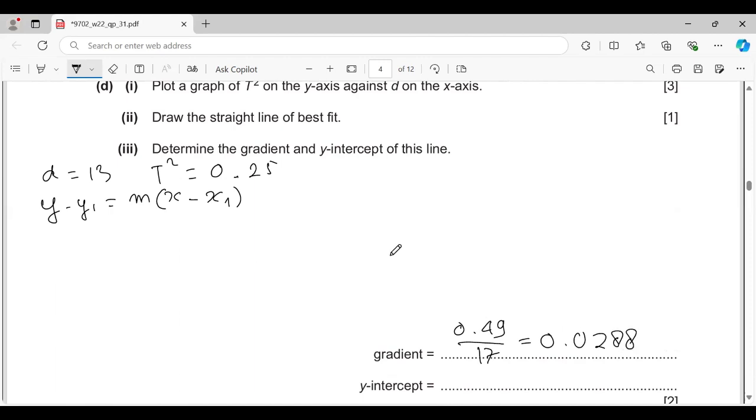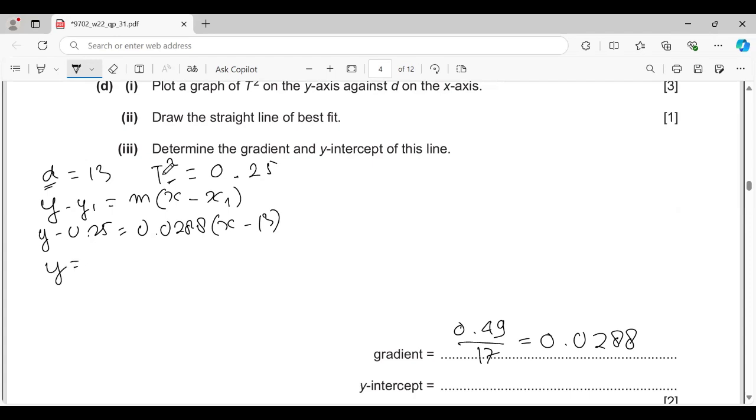That's the gradient. So we can substitute here. y minus y1, so this is the y-axis, this is the x-axis, 0.25, m is 0.0288 multiplied by x minus x1, where x1 is 13.